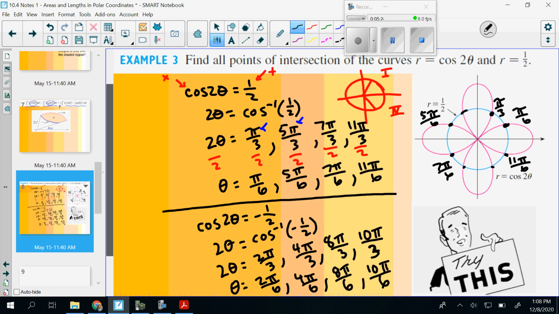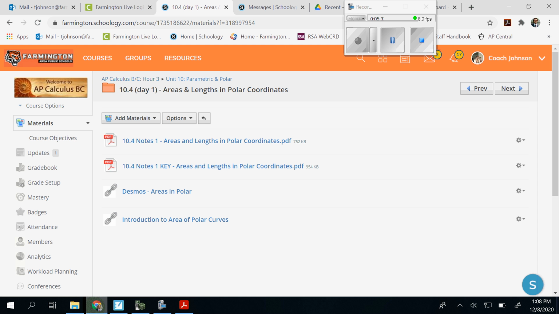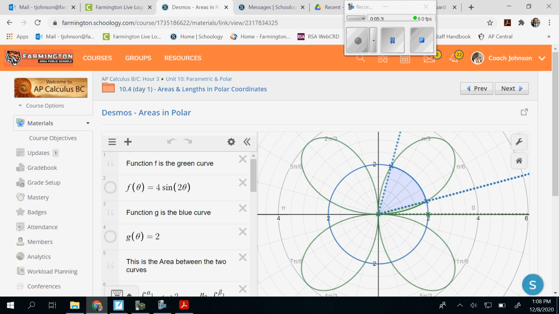Just so you can see another picture of this another way, another graphing tool that's available is something called Desmos. If you go on to Schoology here, there's a link for the Desmos. We'll look at that. So here it gives us a picture. This is a picture of something similar to that four-leaf clover we were looking at. We could change these here to give a similar one.